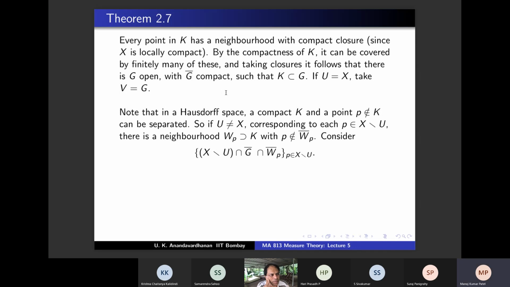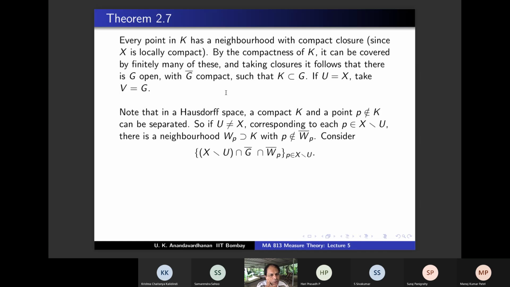There is the finite intersection property, right? If a collection of compact sets has the finite intersection property, then the whole intersection is non-empty. So if every finite intersection is non-empty, then the whole intersection is non-empty, right?